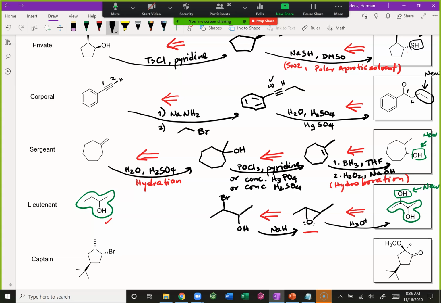And so a halohydrin comes from what? An alkene. So I have my 1, 2, 3, 4 carbons in a double bond, and I can finish this reaction. Going forward, go from here to here with an elimination. So POCl3 in pyridine. Now you have this reaction that you can use.